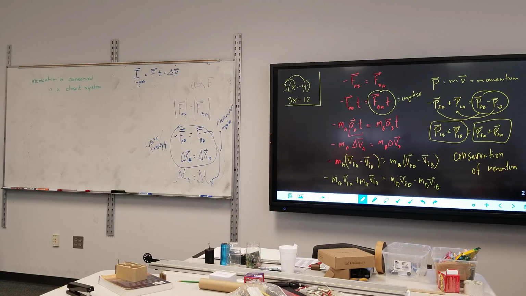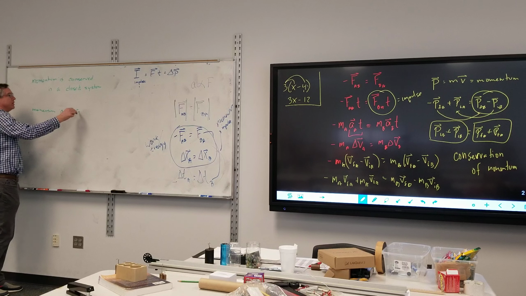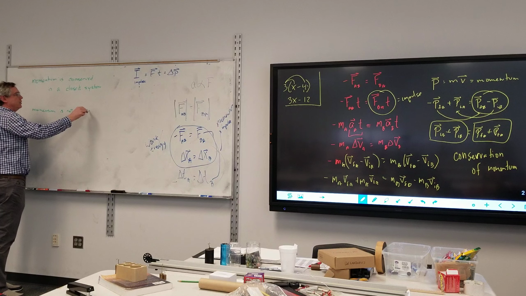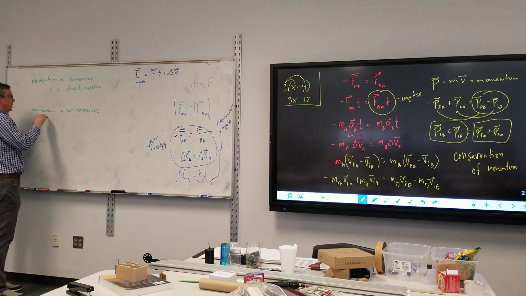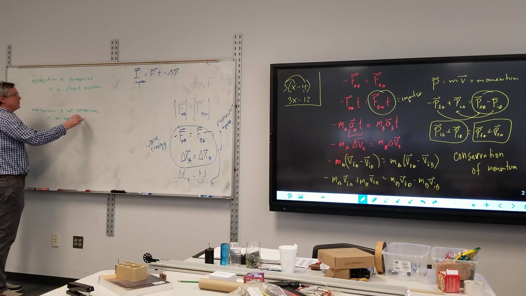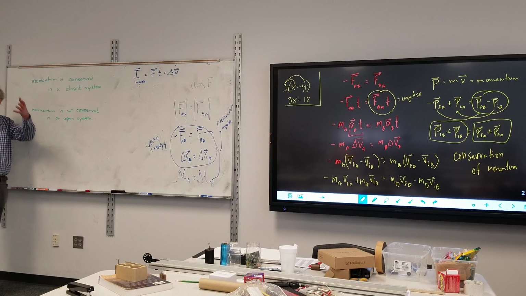If I looked at just the marker, that is an open system. So momentum is not conserved in an open system. Open system means there's some outside influence. If I'm looking at just the marker, the Earth is pulling on it, that's coming from the outside.